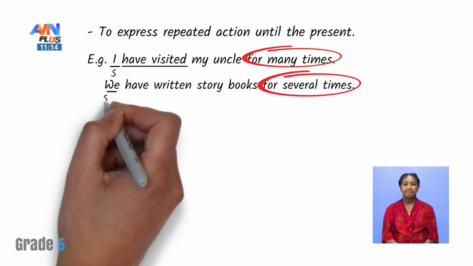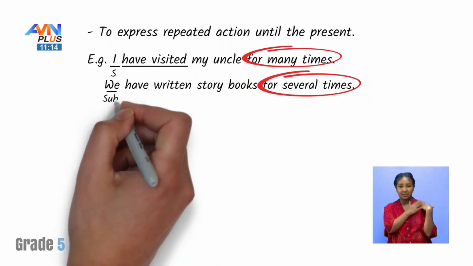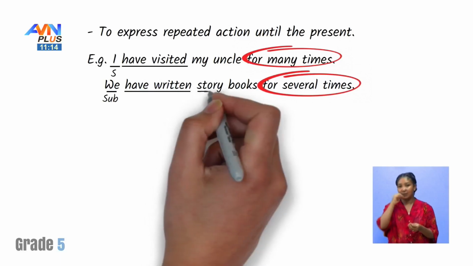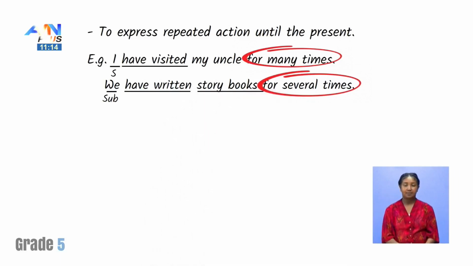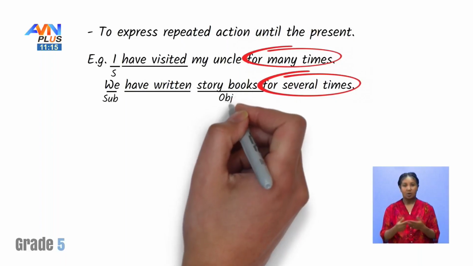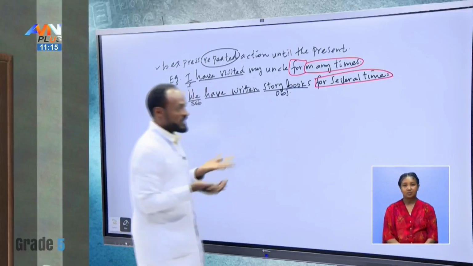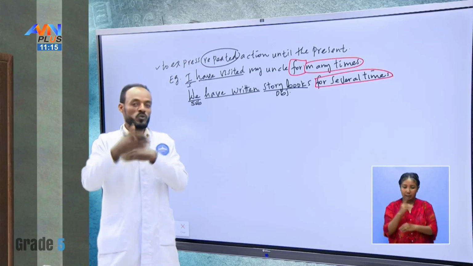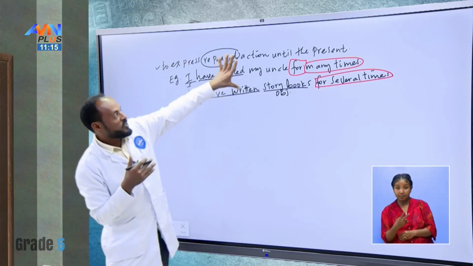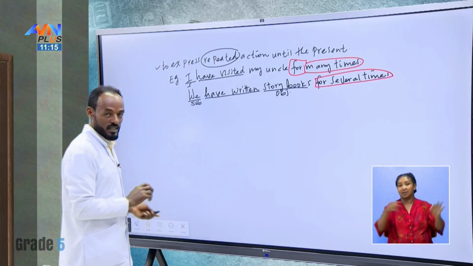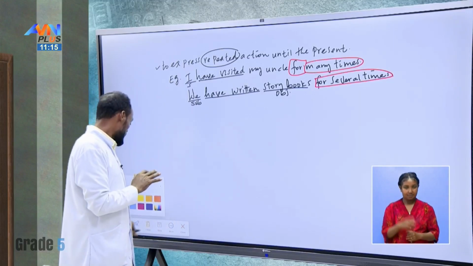Here is have plus verb 3. This one is the object. If such kinds of sentence happen in our daily speech, you are talking about what? Positive statement. Is it clear?